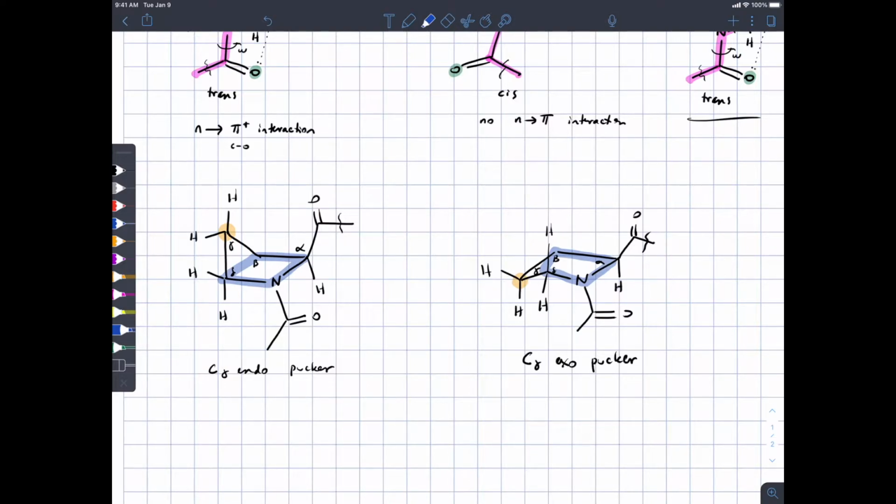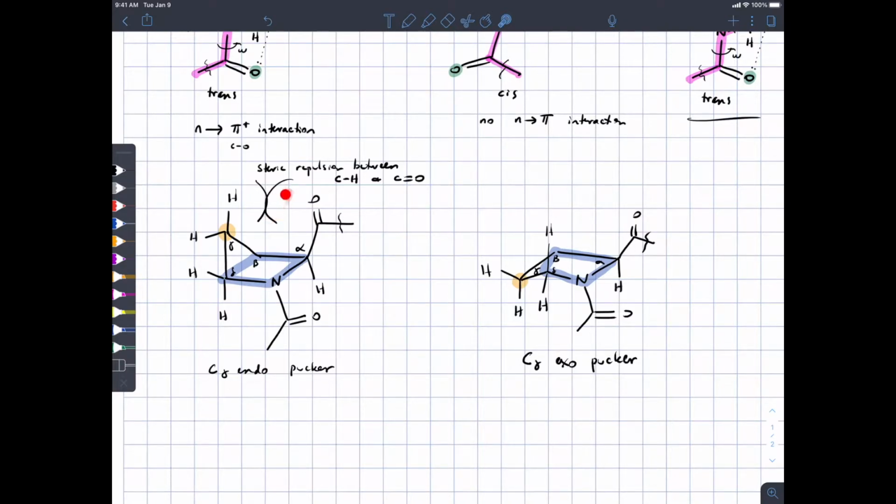Right. So it turns out that in the C gamma endo pucker, there is, as you might expect, a little bit of steric repulsion between the CH on the gamma carbon and the carbonyl oxygen.